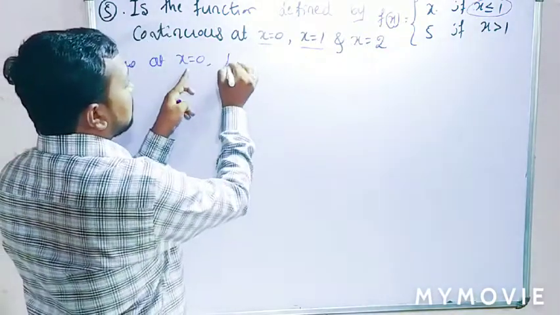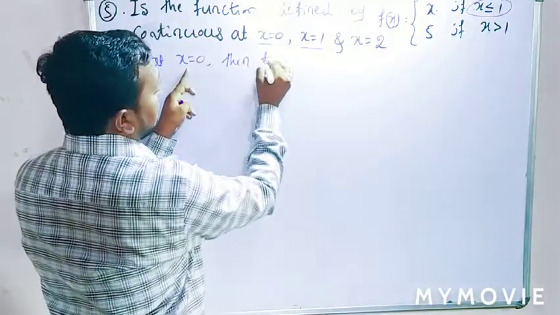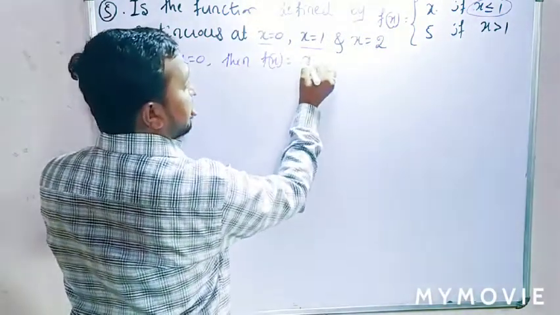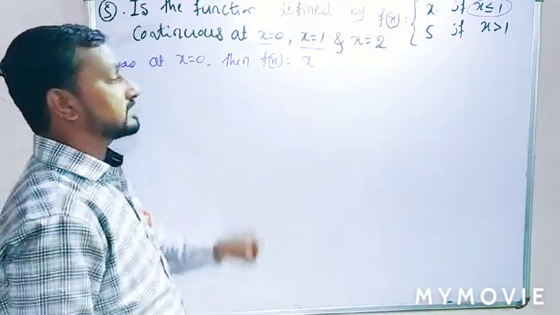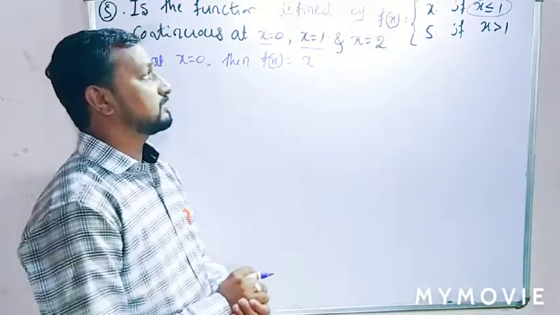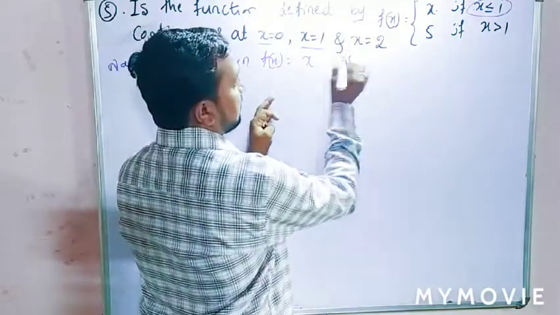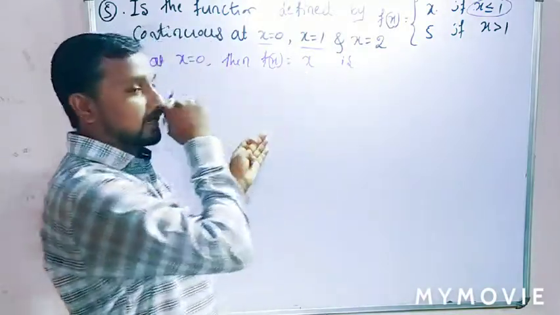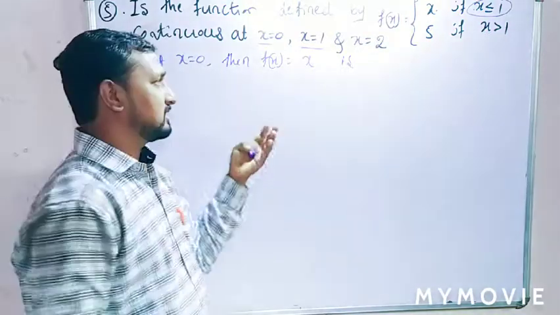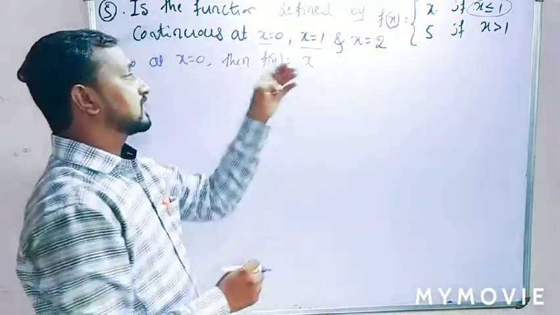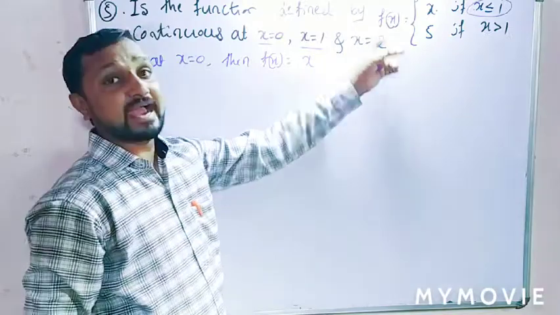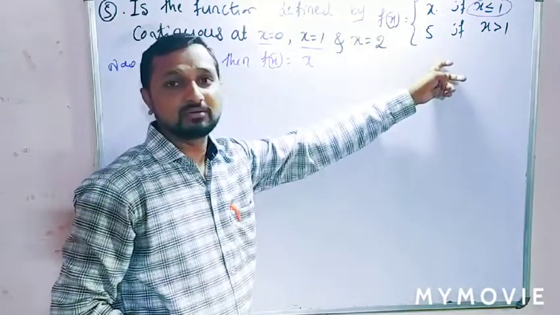At x equal to 0, f of x is x. This is a very simple example, friends. So f of x equal to x, we already know that. So the same procedure as a limit. Here the procedure is that the function f is defined at x equal to 0.